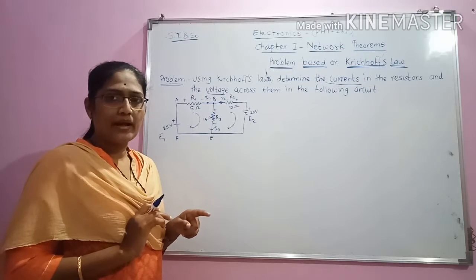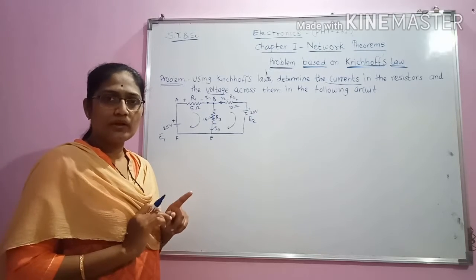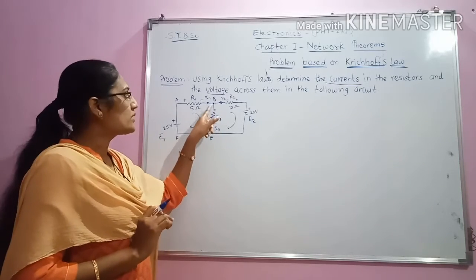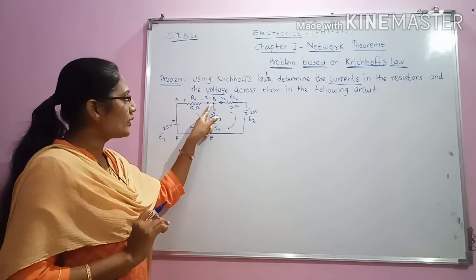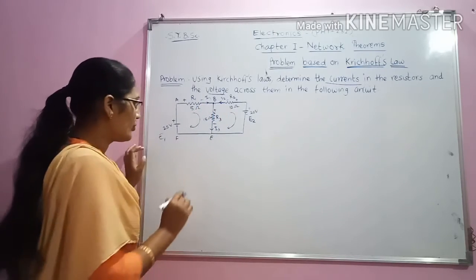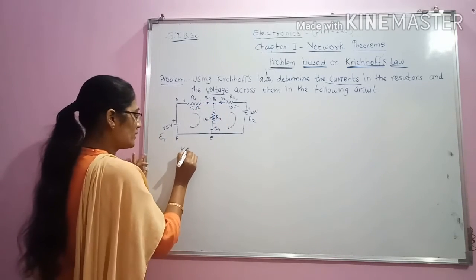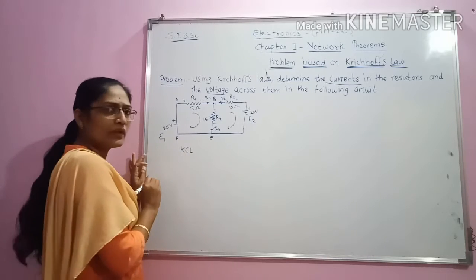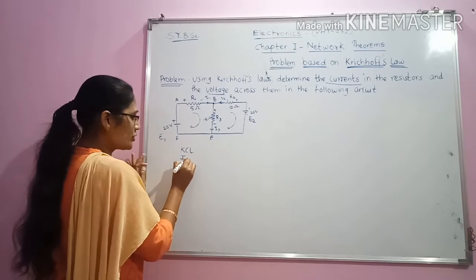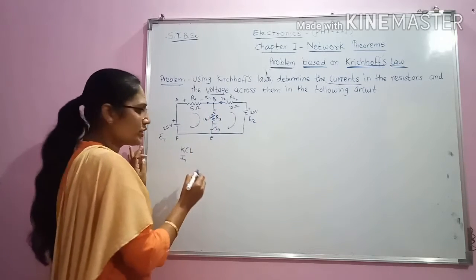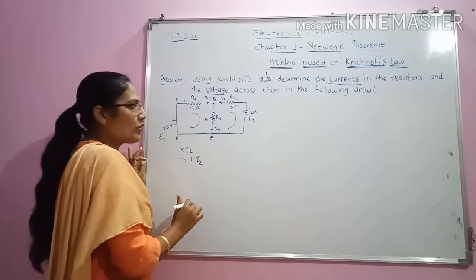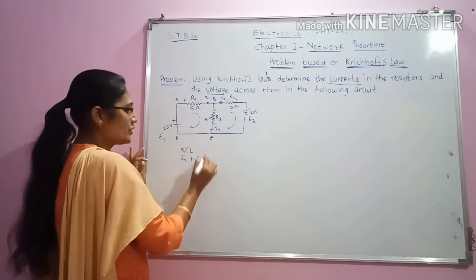We will first apply Kirchhoff's current law for the given circuit at point B. At this point, I1 is coming towards the junction, I2 is also coming towards the junction. Therefore, by applying Kirchhoff's current law, which equation will we obtain? I1 is positive because it is coming towards the junction. I2 is also positive because it is also coming towards the junction.